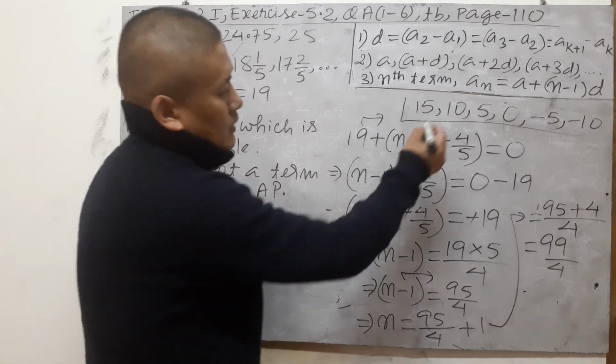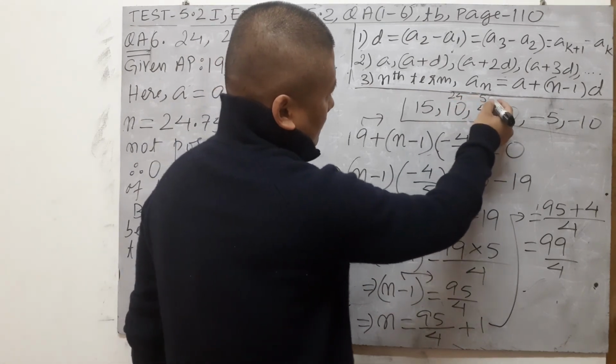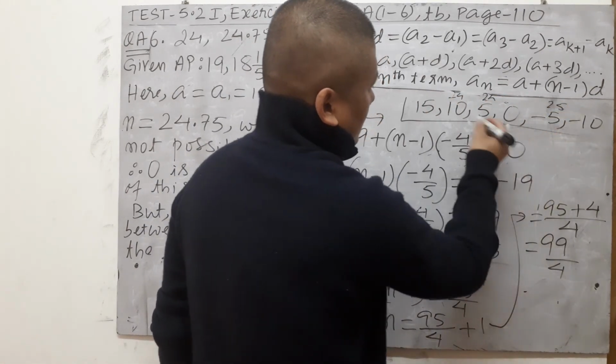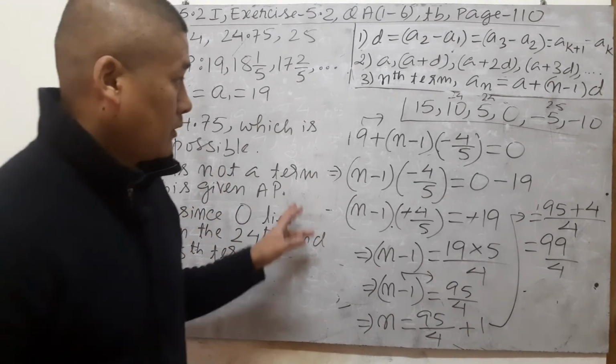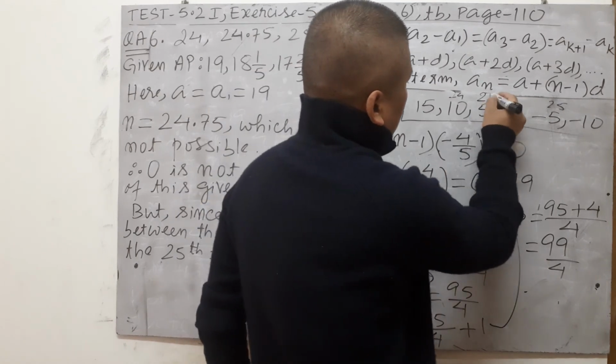For example, I'm not saying this is, but if it is the 24th term, then the next is the 25th. So if at all 0 is in this series, then theoretically it's possible between the 24th and 25th.